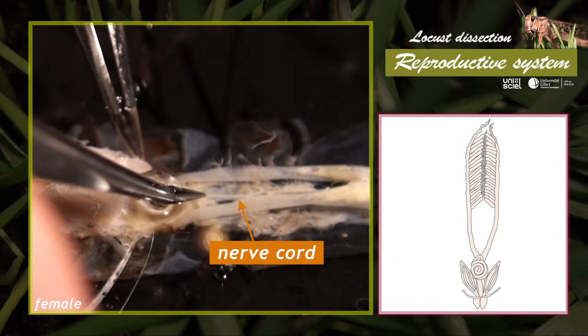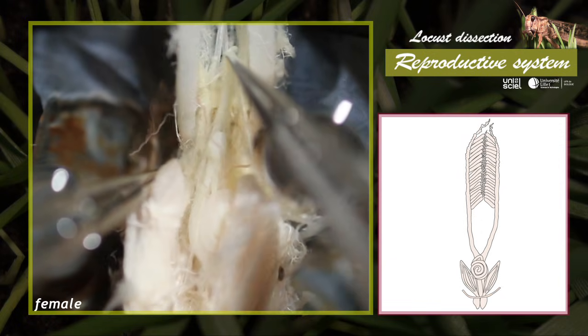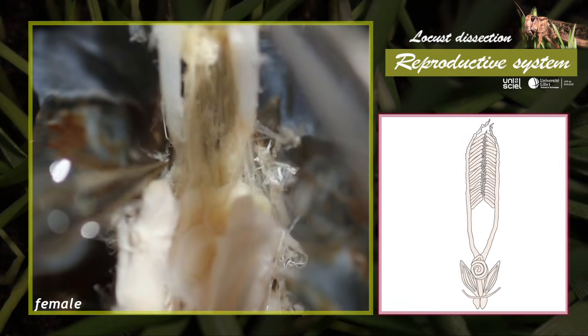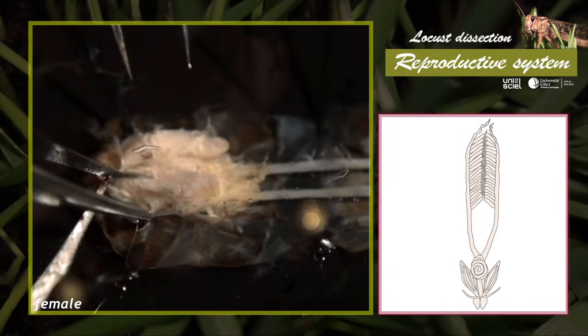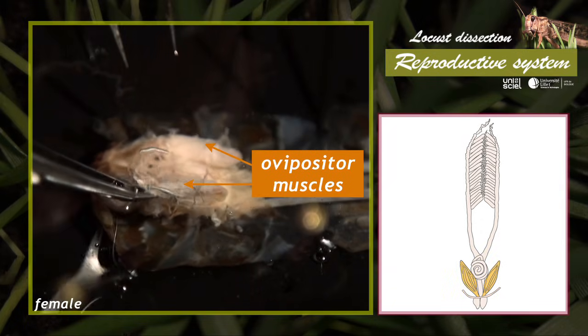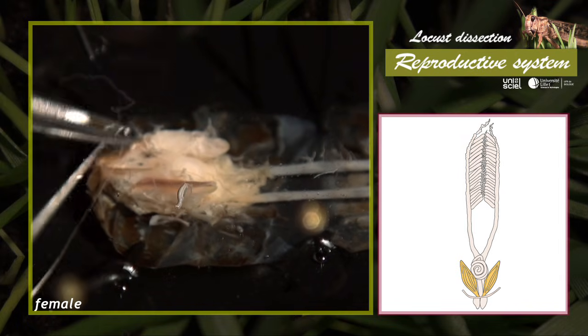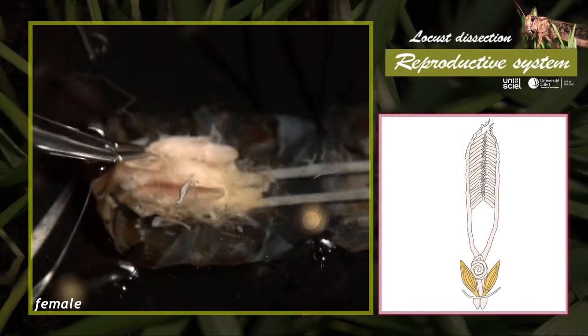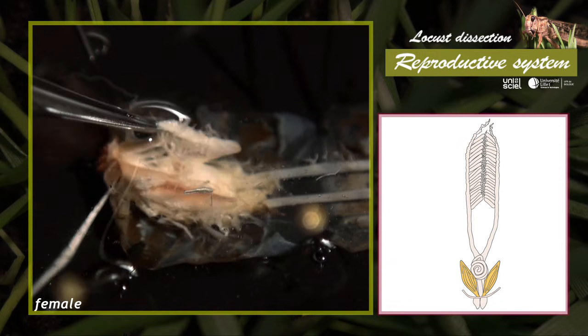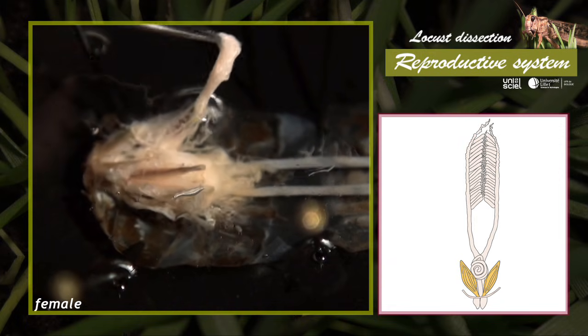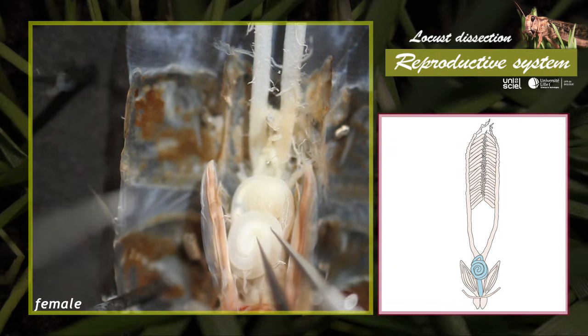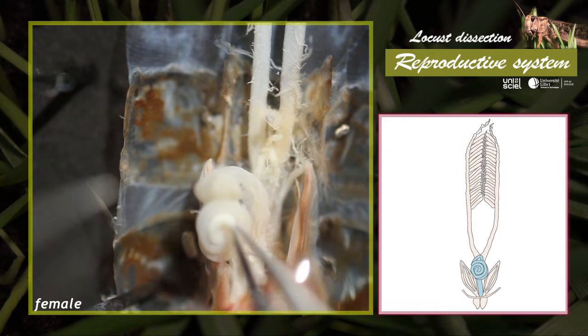To observe the vagina, remove the ventral nerve cord. Then, the muscles of the ovipositor valvuli and finally, unroll the seminal duct.